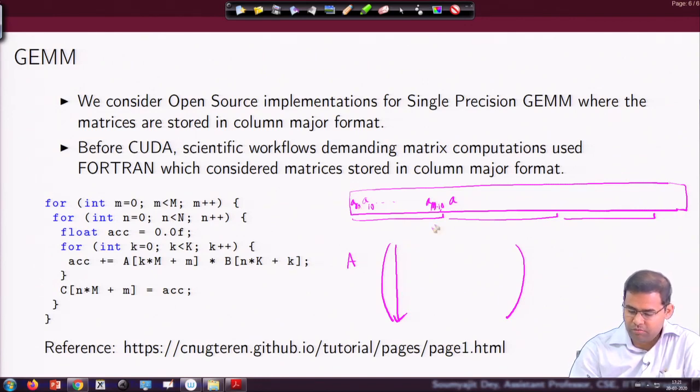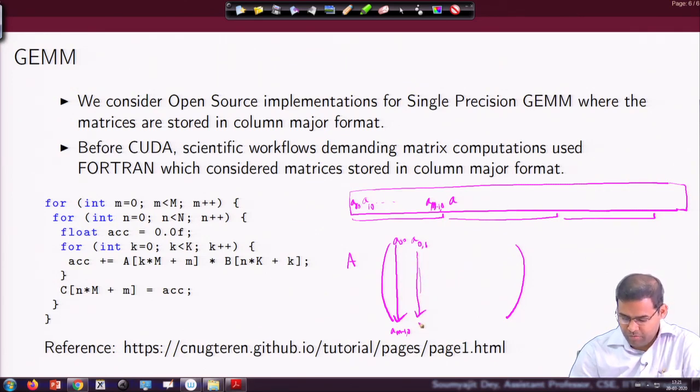So, that was A 0 0 up to A m minus 1 0 here. The next would be A 0 1, and in this column you have up to A m minus 1 comma 1. So, A 0 1 and it all ends with A m minus 1 1. That is how it is.